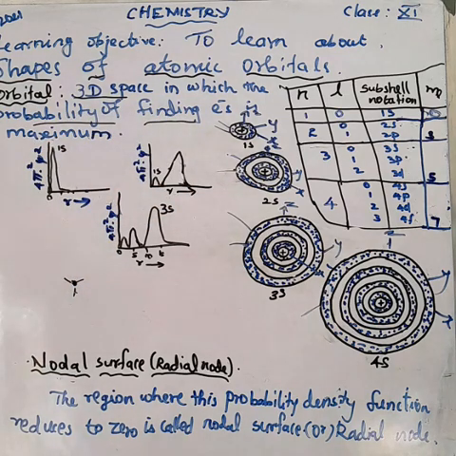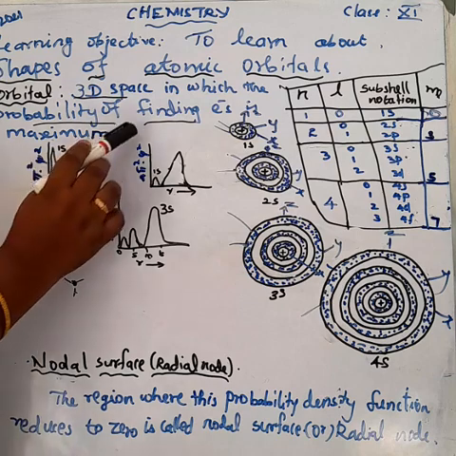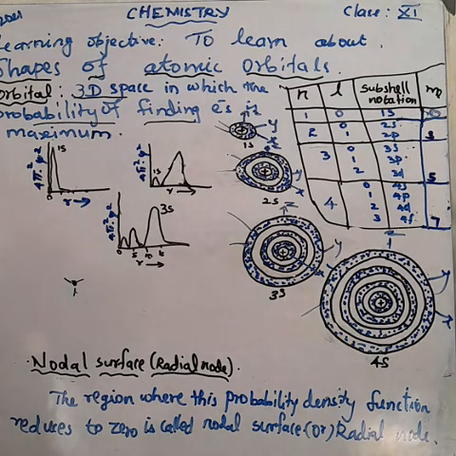Okay, that means the place in which the probability, meaning the possibility, of finding an electron is maximum. Understood? According to the Heisenberg uncertainty principle, it is impossible to find out the exact position of an electron in an atom.